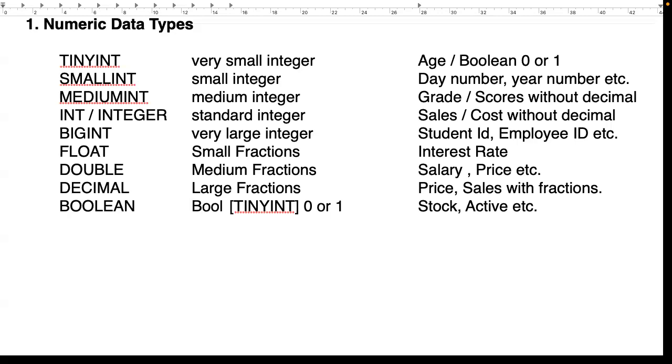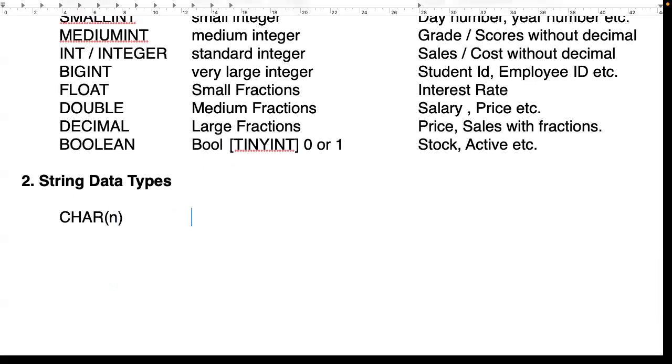Right. Next important, we have string data types. What are the string types we have here? Char, with n number of characters. What is this char? It is nothing but a fixed length string, but with a limited number of characters.